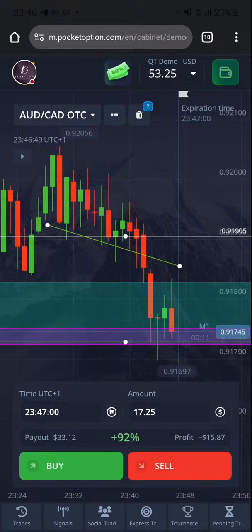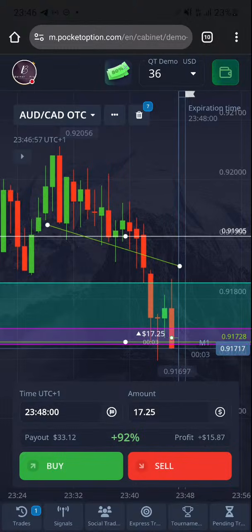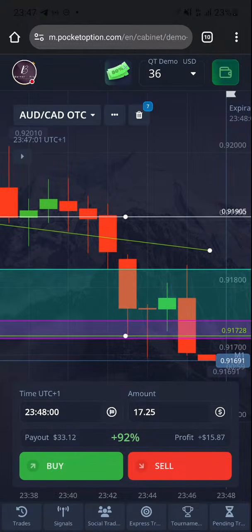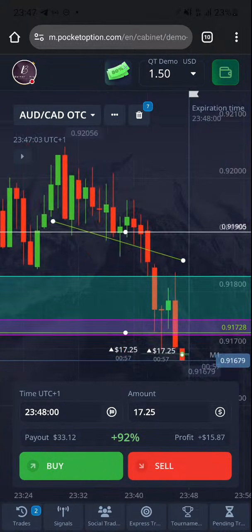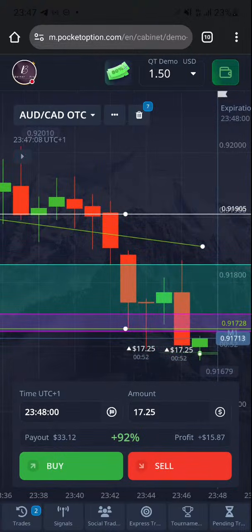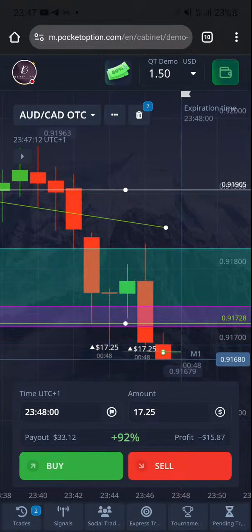It's called... you know what, let me take one more trade here. Oh my god, I had forgotten that oh come on, I'm going again with the bars. I'd forgotten that I was on 17.25 the other time. I thought maybe I was still on those small amounts, but no worries.